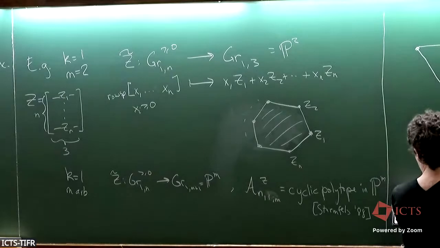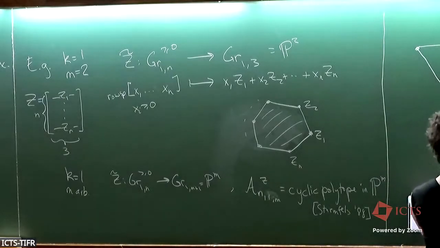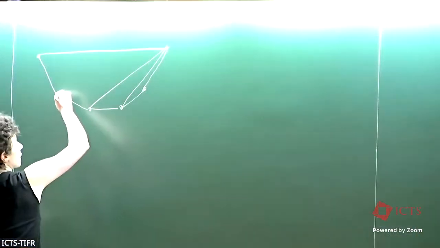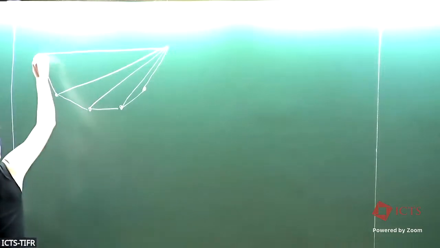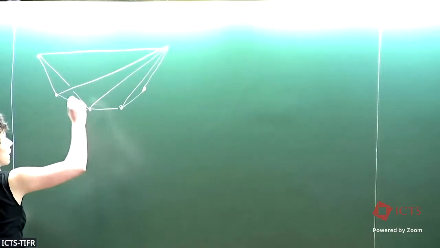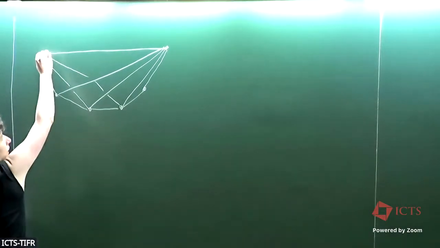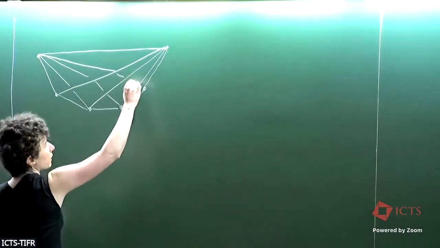While I draw, maybe I'll say cyclic polytopes come up really naturally in combinatorics. So this is a nice class of polytopes that mathematicians like to study totally away from any connections to scattering amplitudes. And so it's sort of nice from a mathematical perspective that they just show up naturally in this setting.